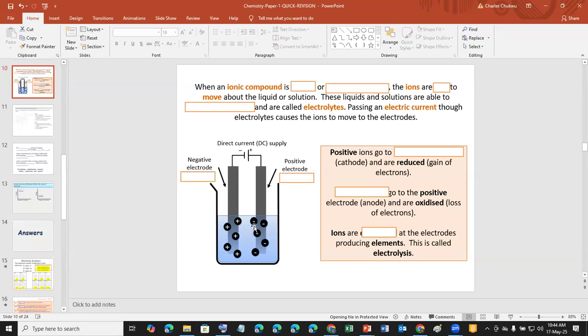For chlorine, the negatively charged ones will go towards the positive electrode. They are attracted towards it. And then they will give off the extra electron that they have, Cl minus. When they give it off, it is those individual electrons that will now flow through the positive electrode and through the wire that connects the positive electrode to the negative electrode, and then you now have a complete circuit.